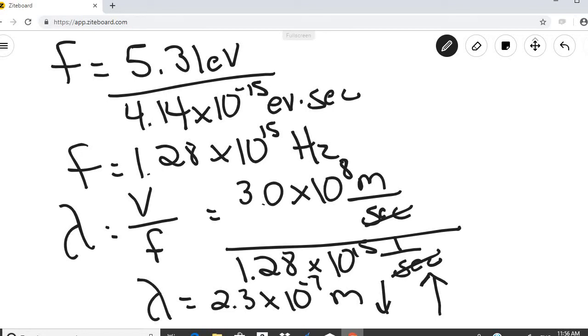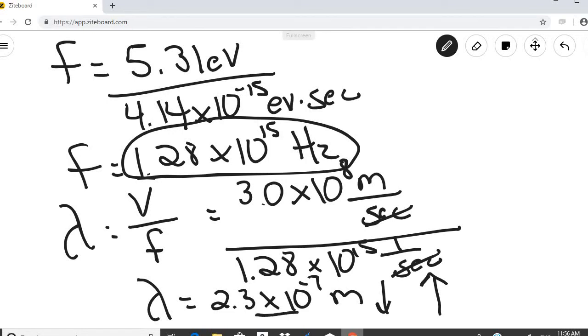So we already showed that as long as your frequency is this, you will liberate the electrons. And remember, it is frequency that determines whether they get liberated. So if we decrease the wavelength, that's going to increase the frequency so that the frequency is even higher than this. So yes, if they can be liberated at this, they will certainly be liberated at a higher frequency.